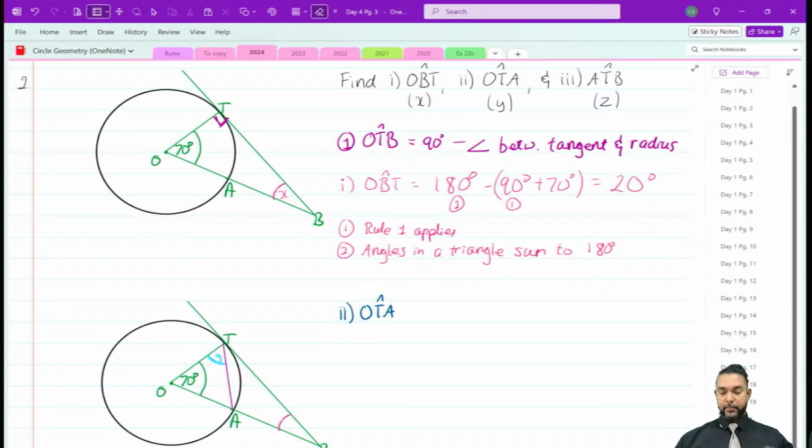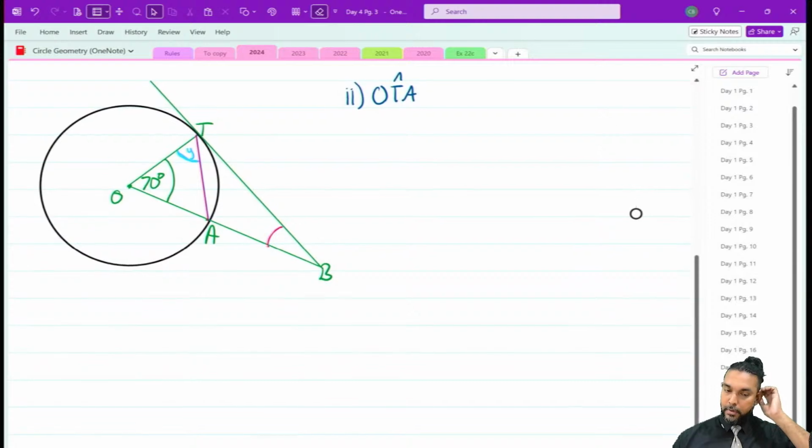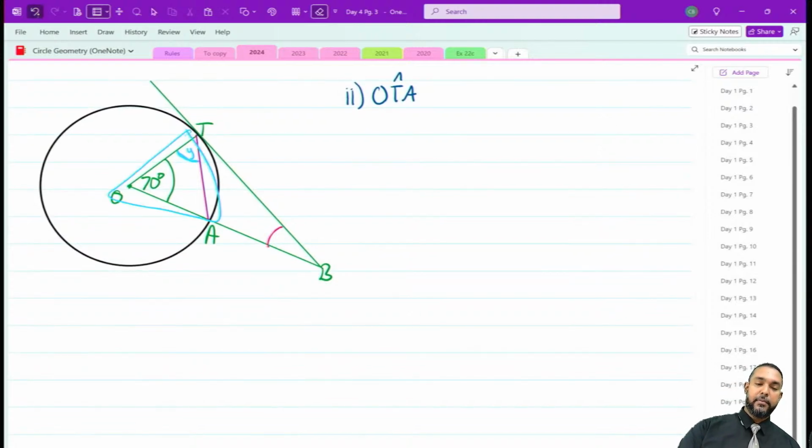Y. All right, what do we know about this triangle inside the circle here? It's isosceles, right? Because this side and this side are both radii, and all radii in a given circle are equal in length. Hence, you have an isosceles triangle, which means that this angle across here would also be equal to y.